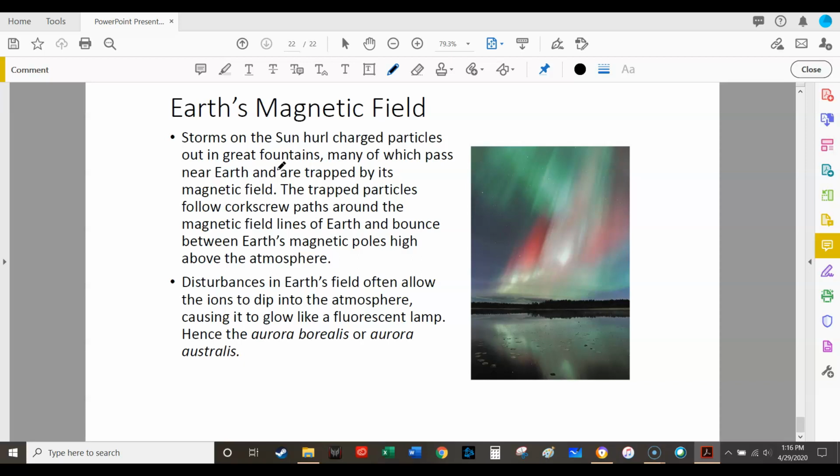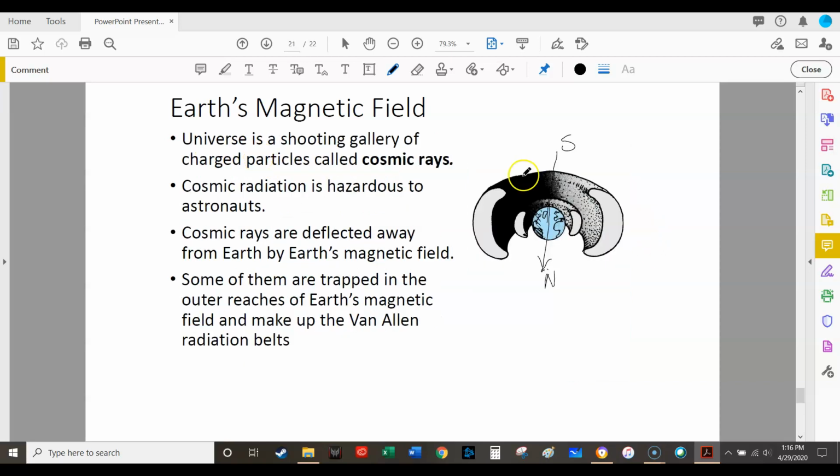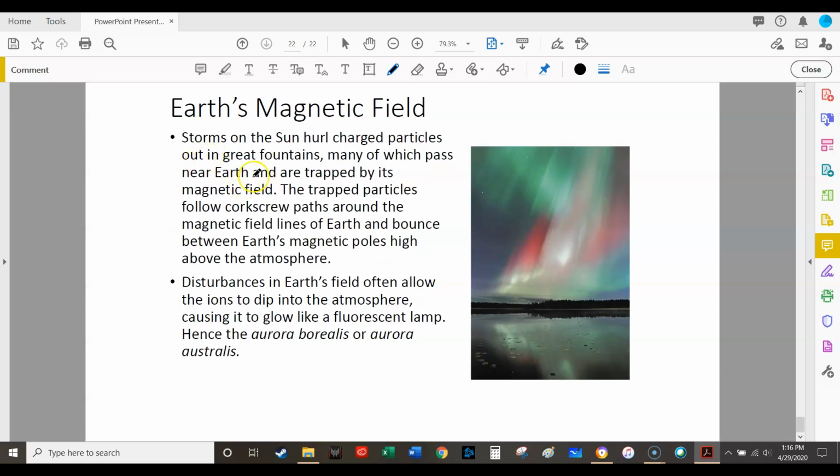Anyways, they create these really cool aurora borealis effects, right? And so the sun, which will have these storms, will release a bunch of charged particles, and some of those charged particles will get trapped on the outer reaches, but some of them will break through and then create these corkscrew effects.